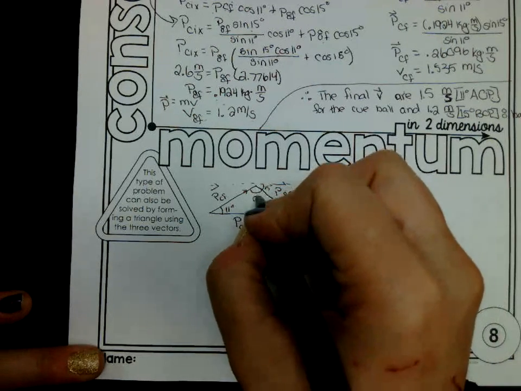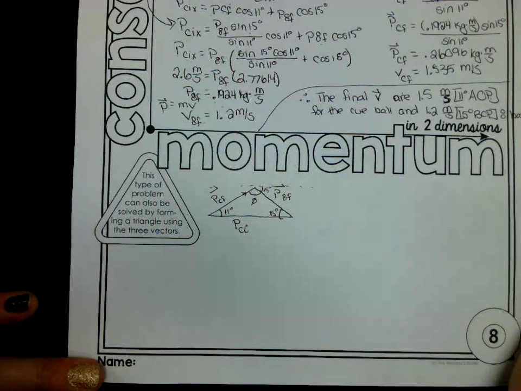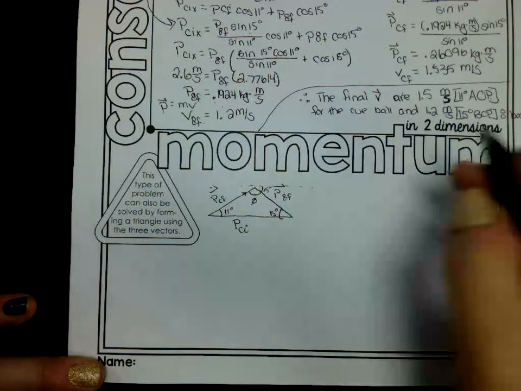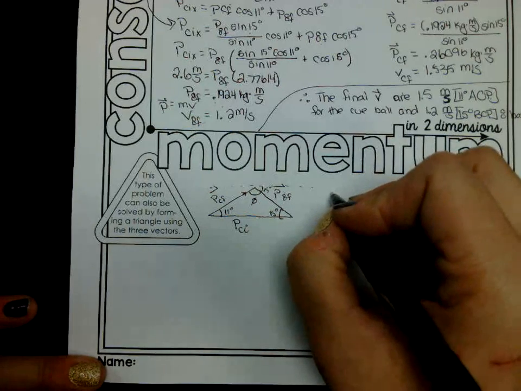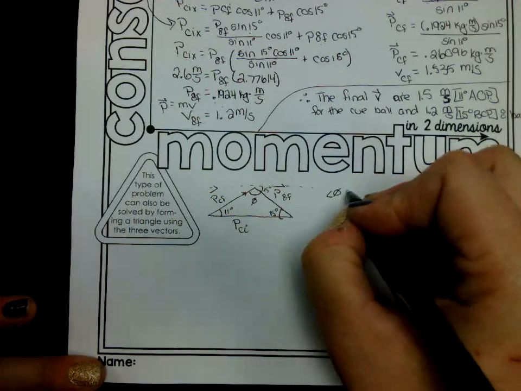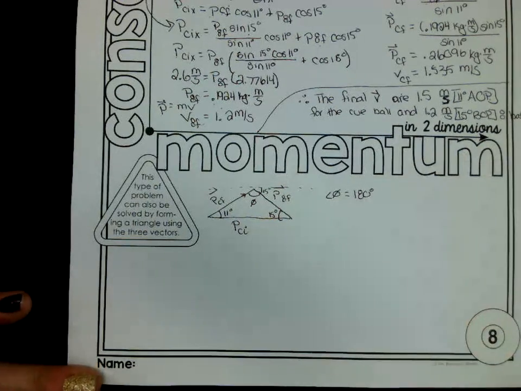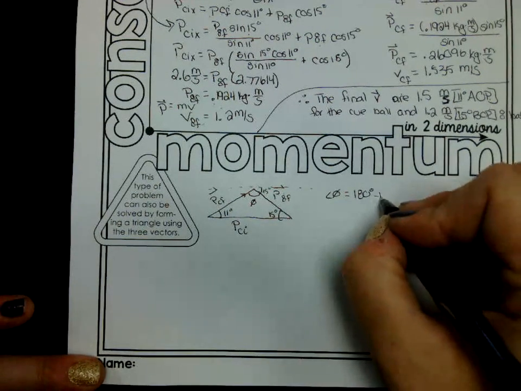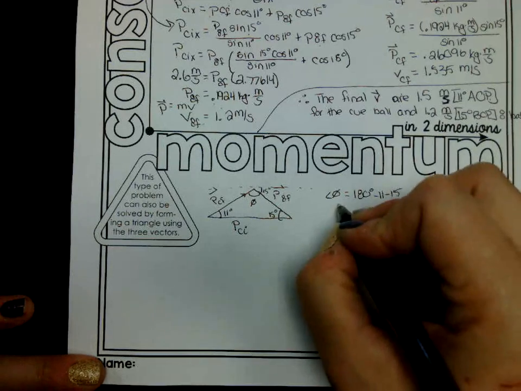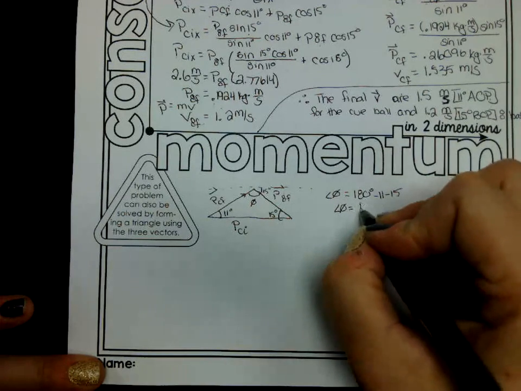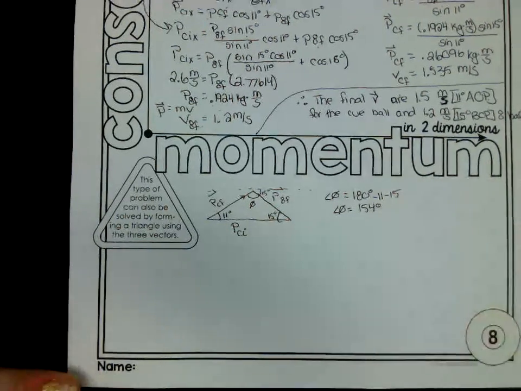This is going to be my theta. I can say that the angle theta is equal to 180 degrees, because all the angles have to add up to 180, minus 11 minus 15. So angle theta is 154 degrees.